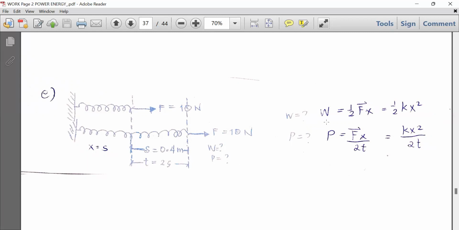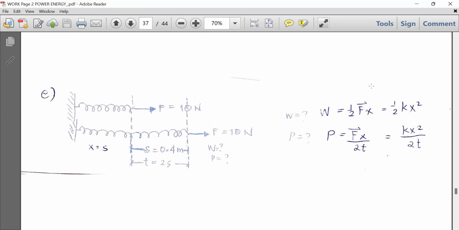Remember, work is equal to 1/2 F times x. We discussed that a while ago. Work is 1/2 F times x, or could also be 1/2 kx squared.